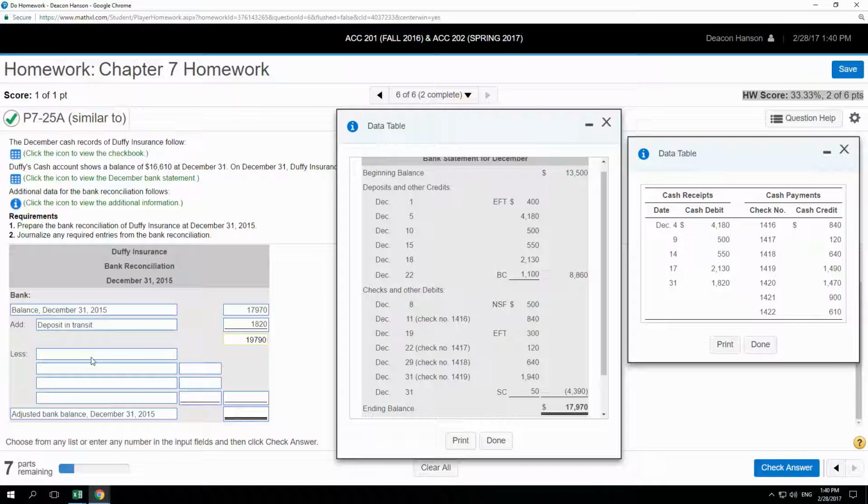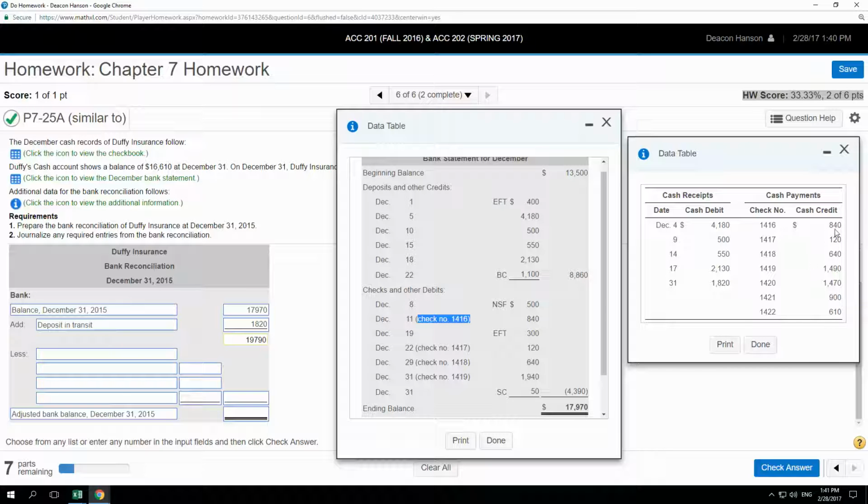Now we're going to look for the things we need to subtract. I got to look at my book records, the records the company has, and that's what this table is. I got to look at these payments that we made and see if they came through the bank. Check number 1416, I see coming through here, $840, $840.